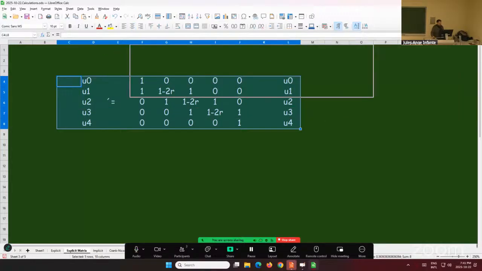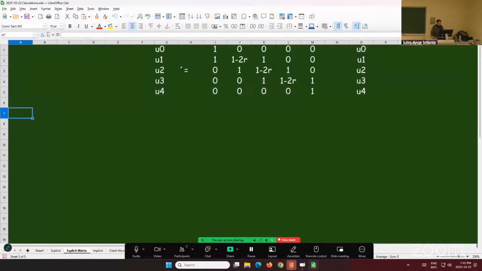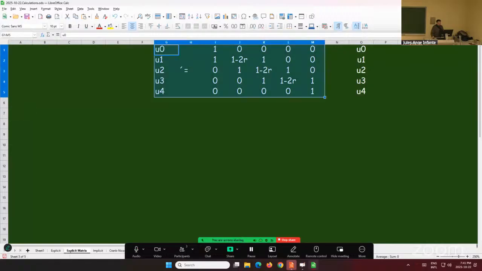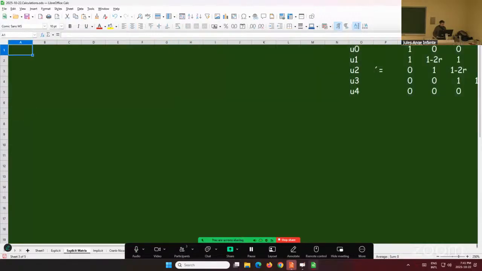If I multiply this matrix by that vector, I will get my next vector. So we'll start and do the same thing that we did before. Let's move this to the side. Let's do what we had here.